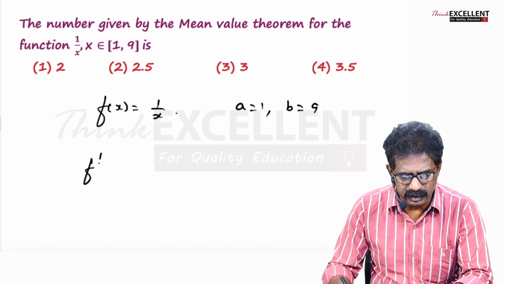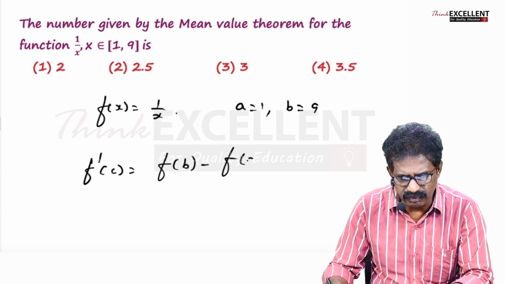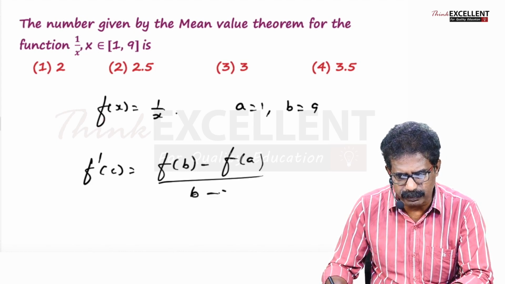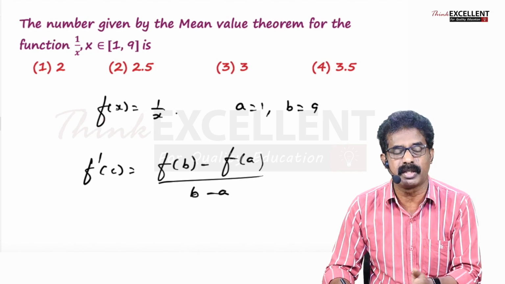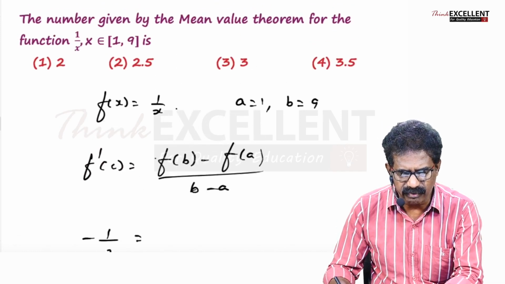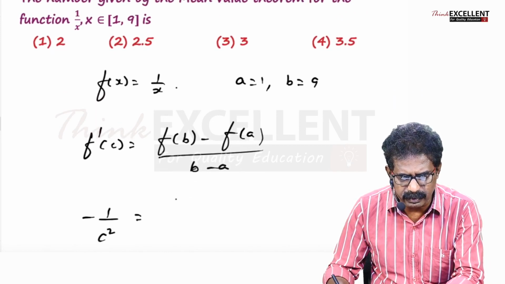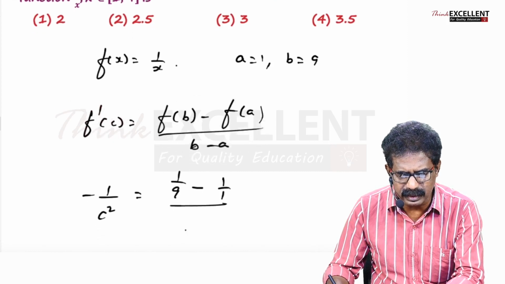But here f dash c is equal to f of b minus f of a by b minus a. Substitute. What is f dash x? 1 by x derivative is minus 1 by x square. So here minus 1 by c square. f of b means f of 9, 1 by 9, minus f of a, 1 by 1, divided by b minus a, 9 minus 1.